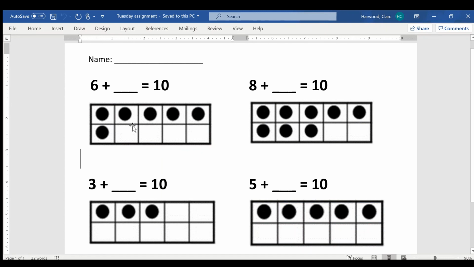First, you're going to need to figure out how many dots are missing in the 10 frame, and then fill out the number sentence. So over here, let's count to see how many dots are missing. 1, 2, 3, 4. So 6 plus 4. You're going to need to write the number 4 here. 6 plus 4 equals 10.